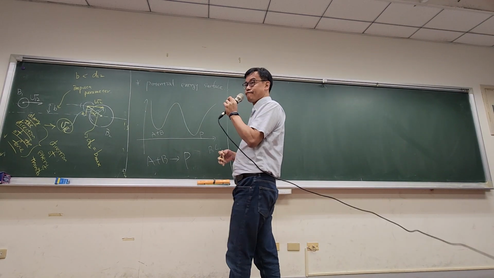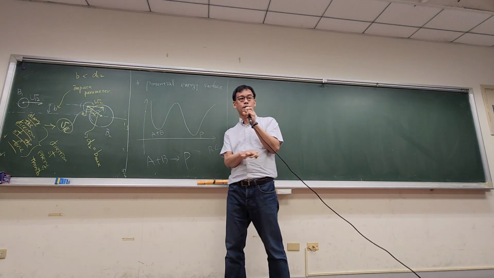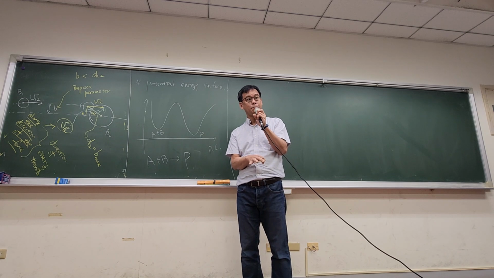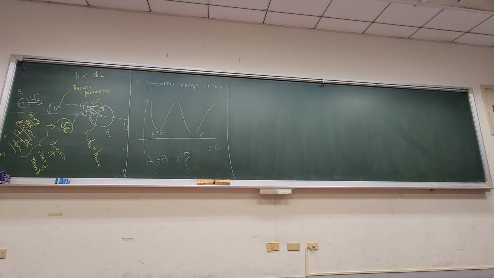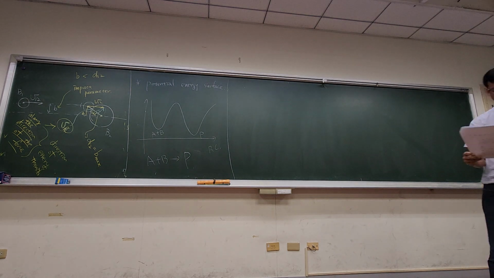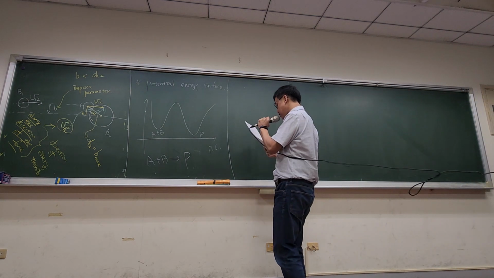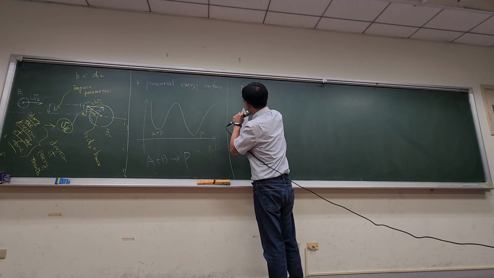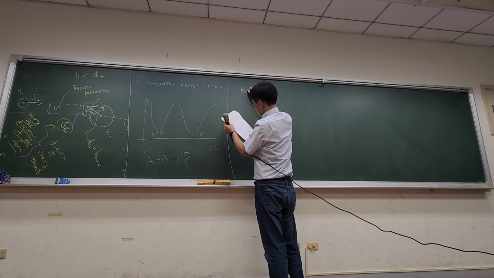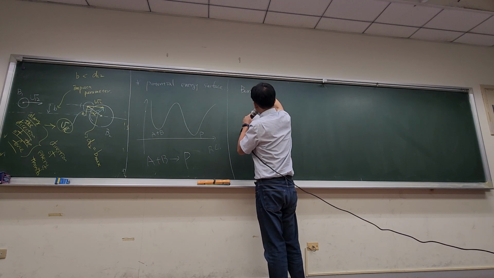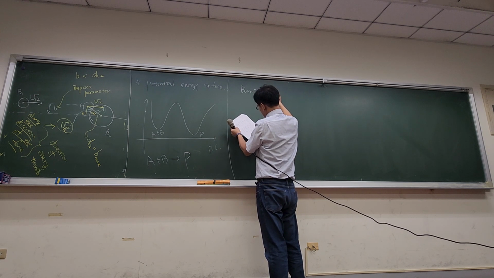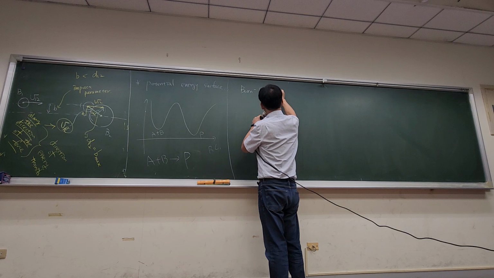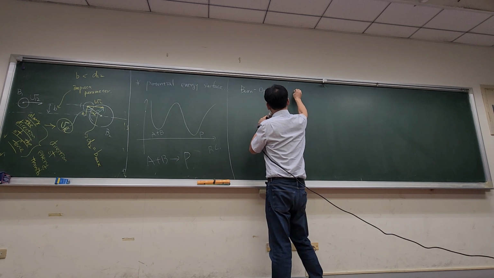Mathematically, or very fundamental in physical chemistry, to have a potential energy surface, we need to start with the Born-Oppenheimer approximation.